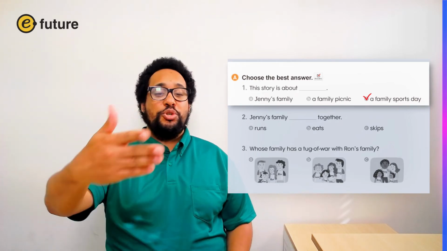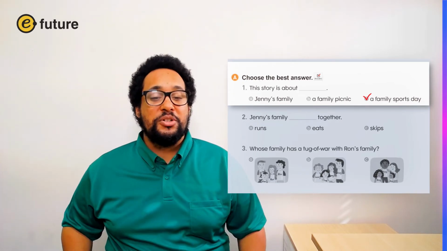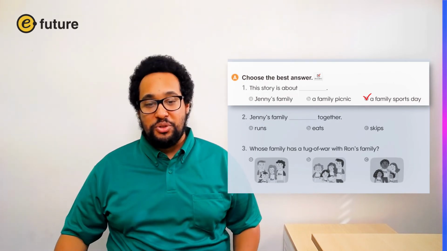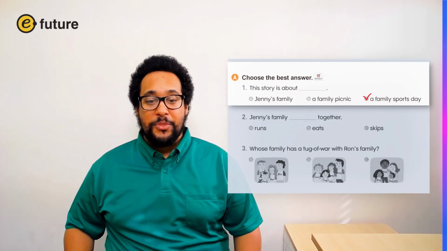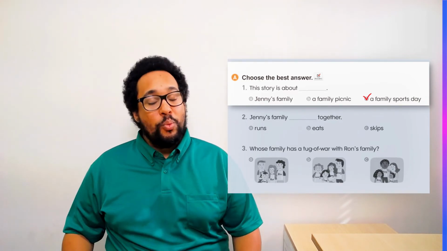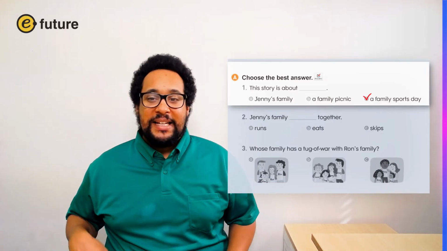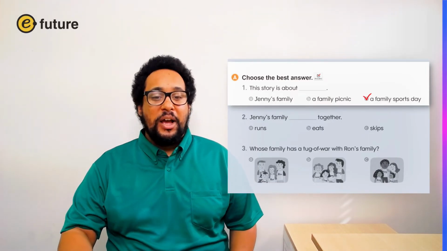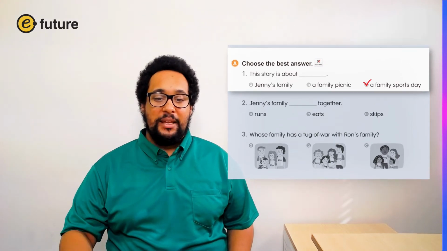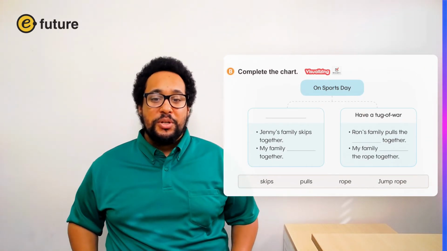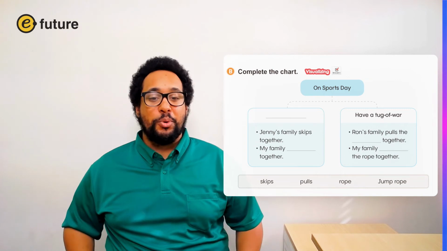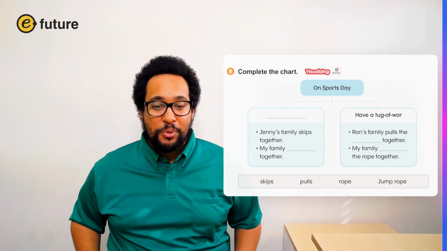Okay, now I want you to choose the answers for the next 2 questions on your own. We will check the answers together when you are finished. Okay, now let's complete the chart for Comprehension B. So the chart at the bottom of your page has 4 blank spots.